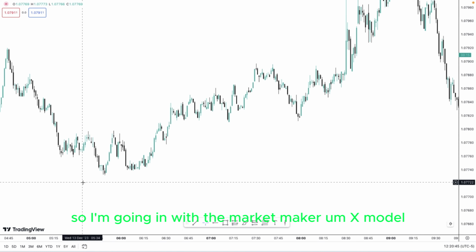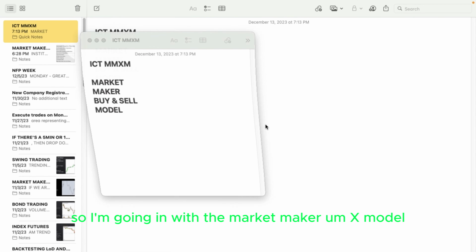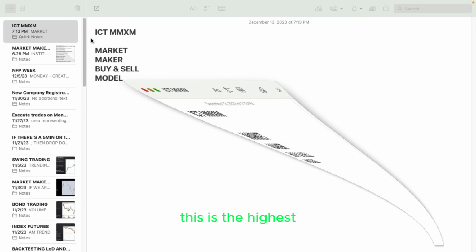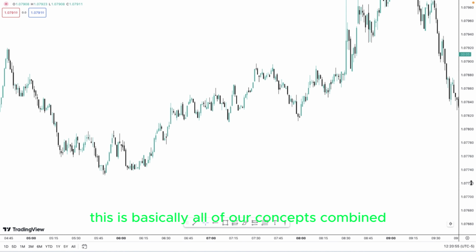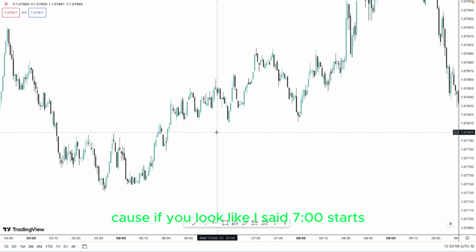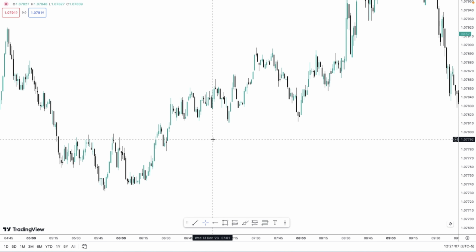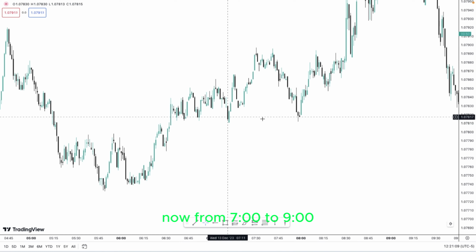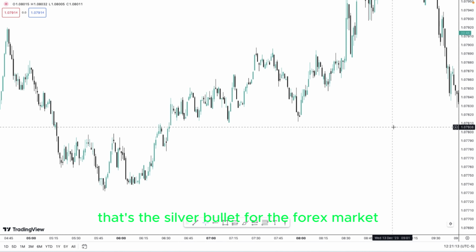So I'm going in with the market maker X model. This is the highest. This is basically all of our concepts combined. Because if you look, like I said, 7 o'clock starts the New York AM session, right? Now from 7 o'clock to 9 o'clock, that's a silver bullet for the forex market.